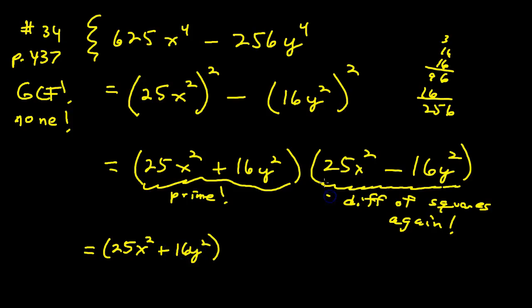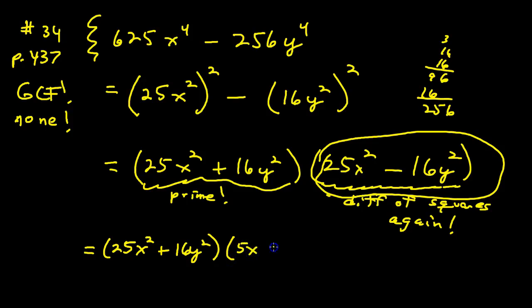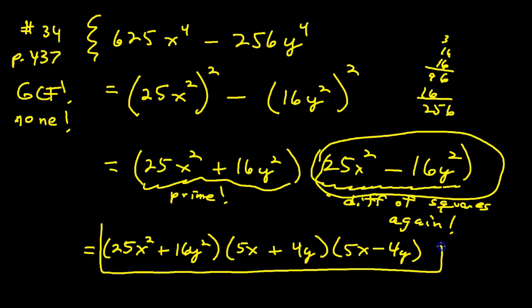And now applying the difference of squares pattern to this binomial, I'll get 5x plus 4y times 5x minus 4y. And I believe that's as far as we can go. So a kind of nasty looking expression to start with was tamed by the factoring process. Again, factored twice really within the same problem.